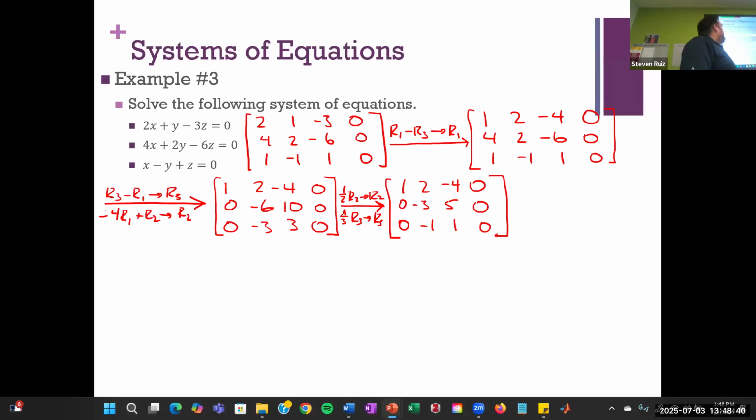Good. So what should our next major goal be? I want a 1 in the middle. So now that I'm in the second column, I want a 1 in the second row. Pick your favorite way to make that happen. Go ahead.